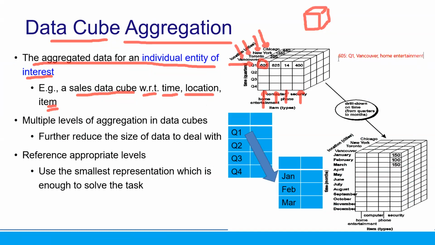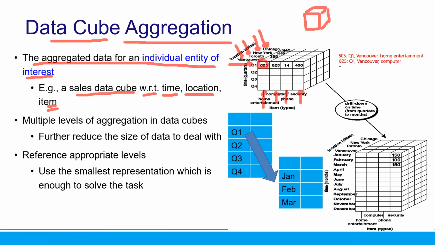So it is only one cube. 825 means it is the sales in Q1 in Vancouver and the product is computer. So we will separate it based on this cube.